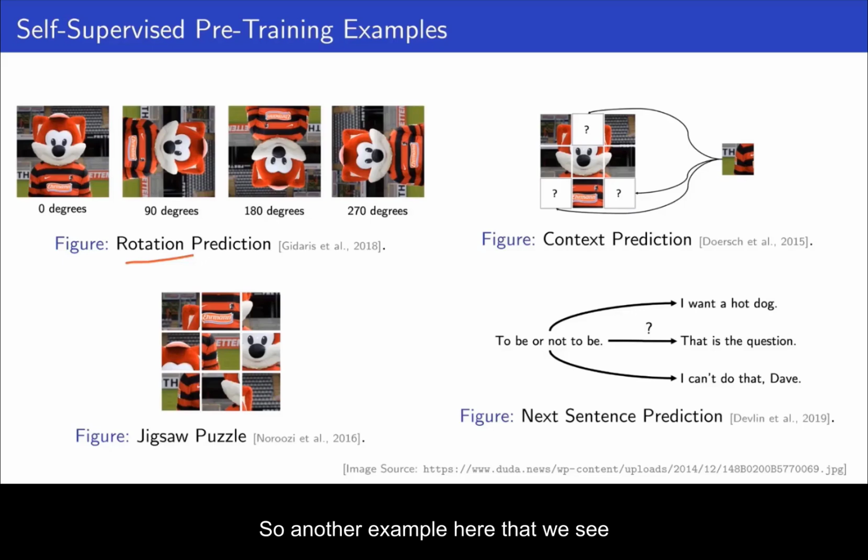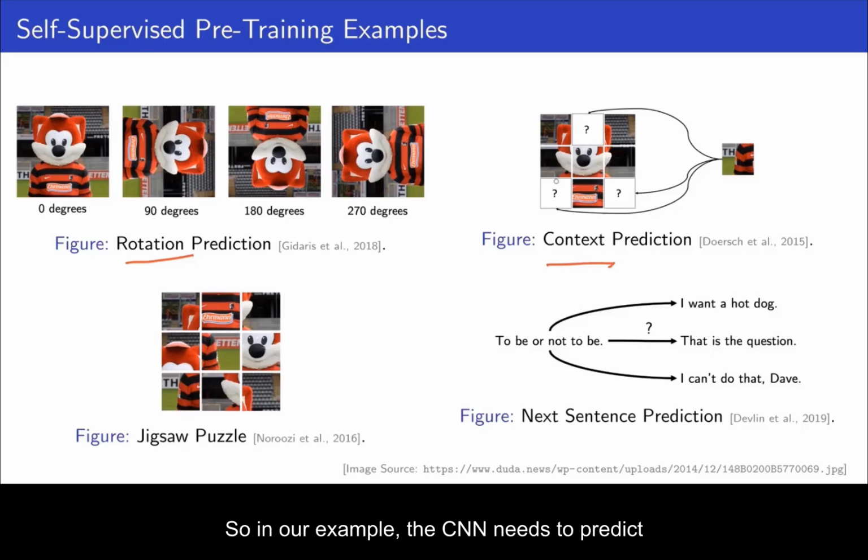Another example here is called context prediction. For this self-supervised learning method, the image is divided into subparts. Here we can see that again our object is subdivided into 9 so-called patches, and each patch is encoded by a CNN, and the task of the network now is to predict the location of one patch relative to the other ones that you see in this example.